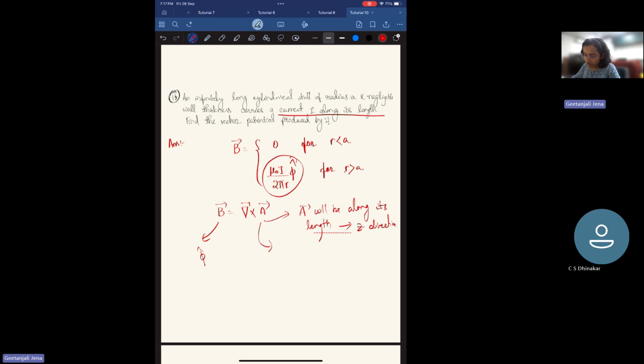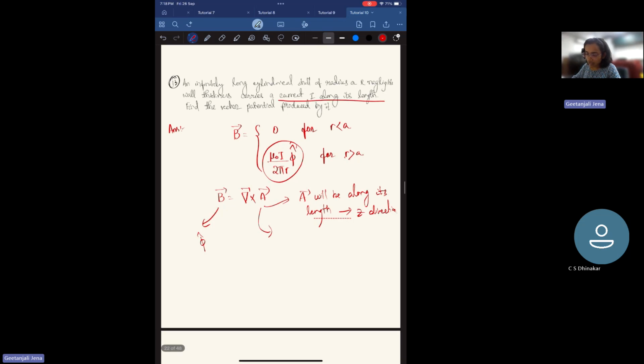In the curl equation in cylindrical coordinates, on the left hand side you have a component along the phi cap direction. So you should take the component of the curl which is in the phi cap direction, and that is dou Az by dou z minus dou Az by dou r, phi cap.